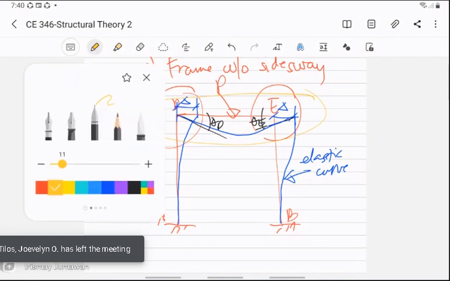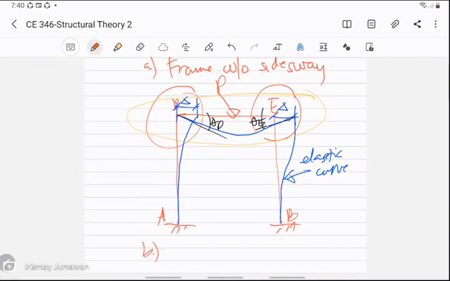So this type of frame, you will analyze with side sway. A degree of freedom of 1 means there is one member which indicates that it can undergo joint translation.